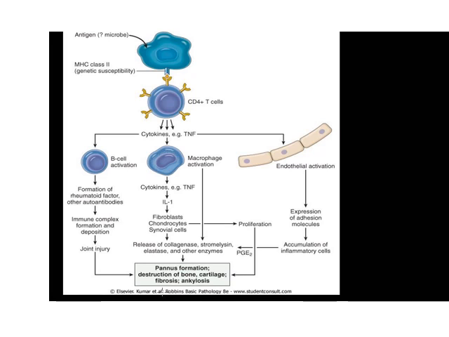Cytokines also have a role on the endothelial cells, and activation of the endothelial cells causes expression of adhesion molecules and accumulation of the inflammatory cells, and ultimately a chronic inflammatory process goes on and destruction of the joint occurs with formation of pannus. Later we will discuss the formation of pannus. And what is pannus?